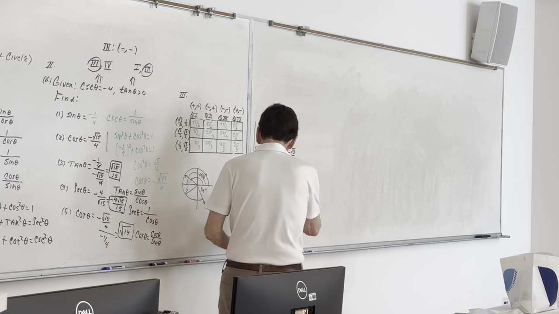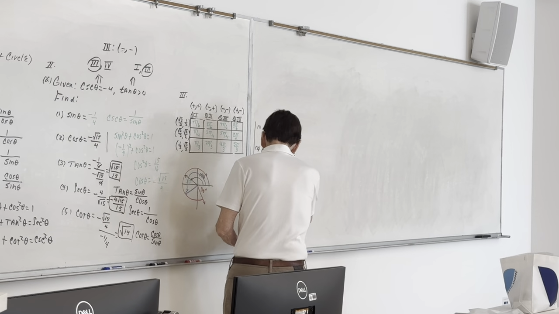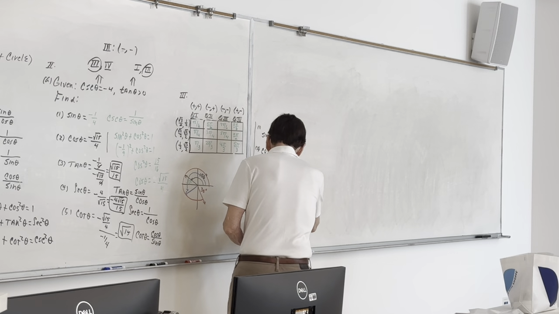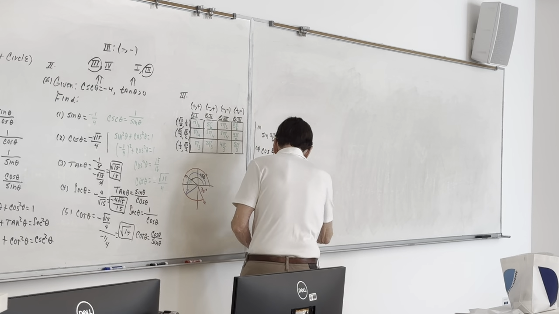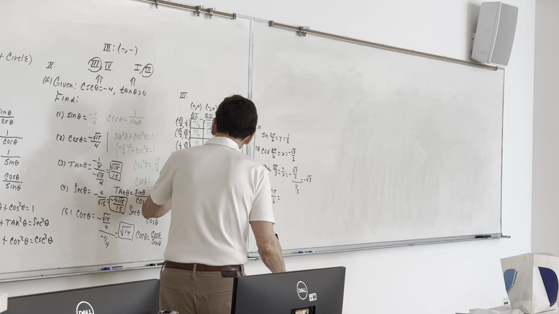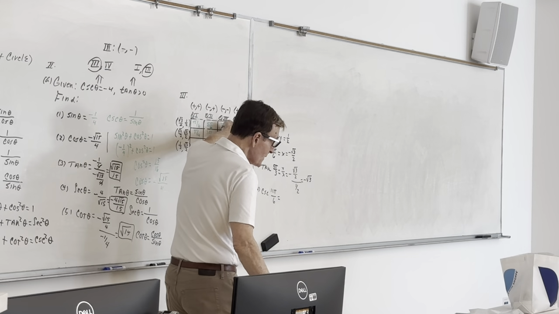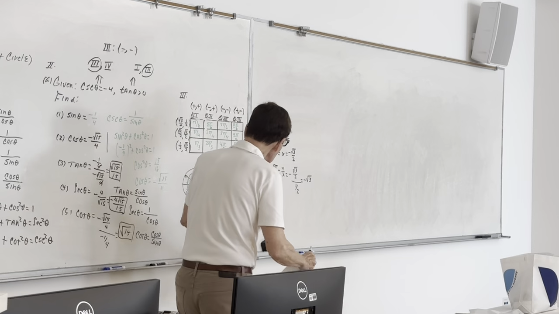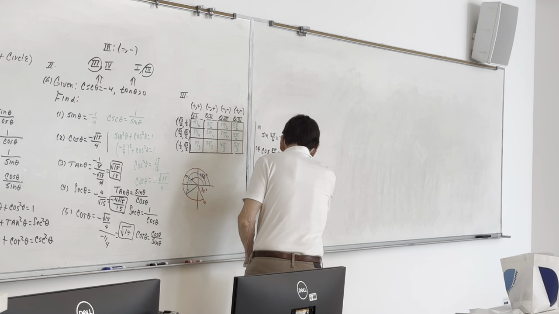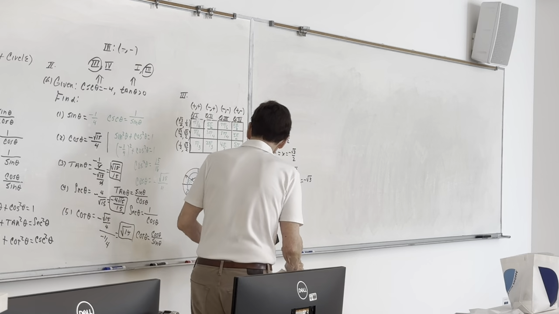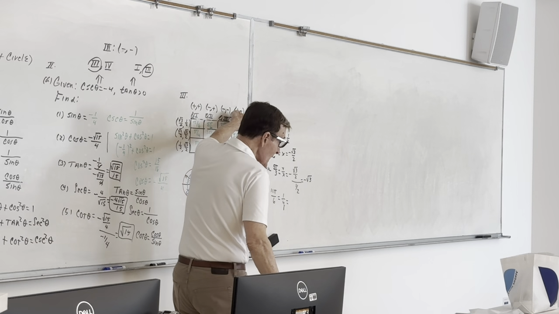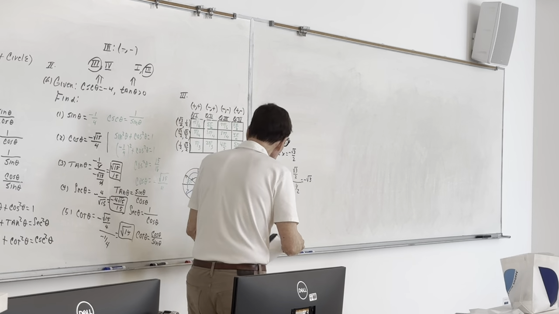Cosecant. I did this one, 11 pi over 6. Back to 11 pi over 6, we're back up here. 11 pi over 6 is right here. Cosecant, by definition, is 1 over y. And here the y is negative, so I know the answer is negative.